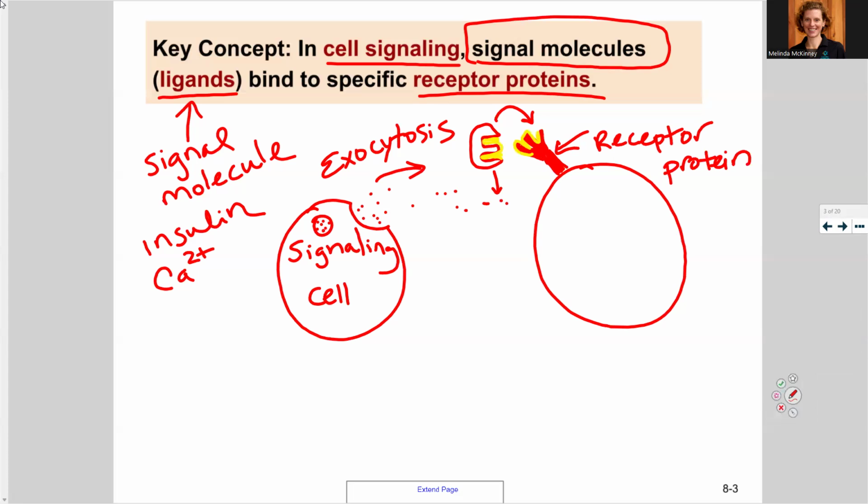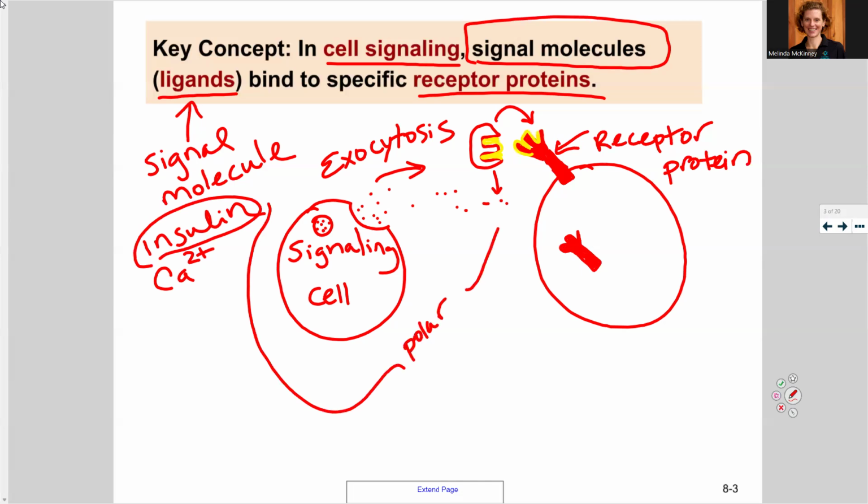It might be on the surface, embedded in the membrane, or it's possible that you could also have a receptor protein that's hanging out inside. That's only going to work for signals that can diffuse through the membrane through simple diffusion. If this was an insulin signal, since this is a protein, it is polar, so it would have to bind outside.